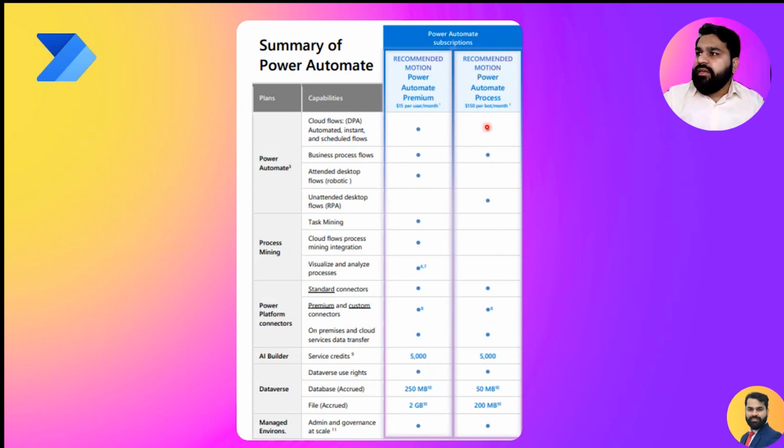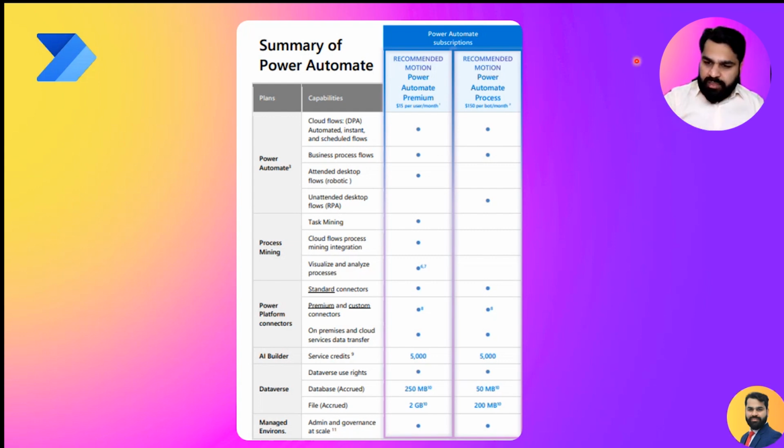Now, the major difference between these two, bear with me, it might be a bit confusing. For example, I have a Power Automate flow which is created with one action called Dataverse. That automatically makes this a premium Power Automate flow.